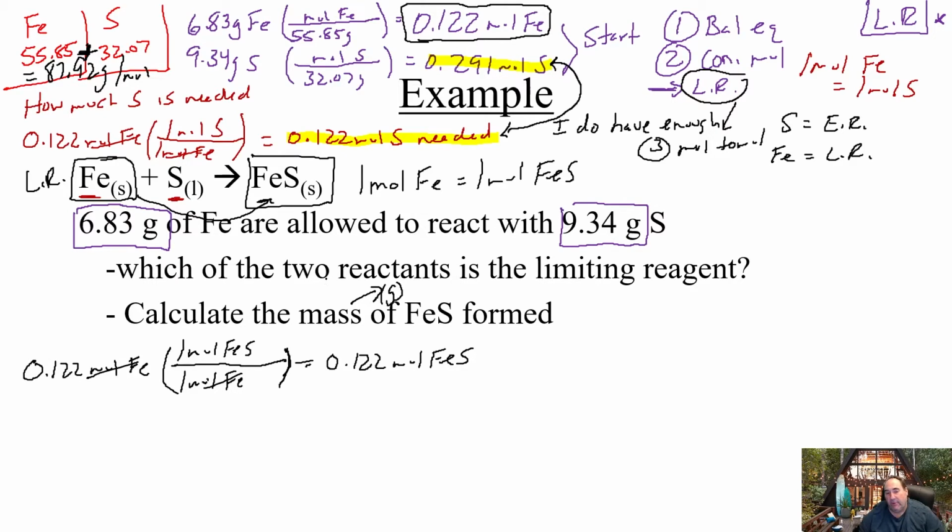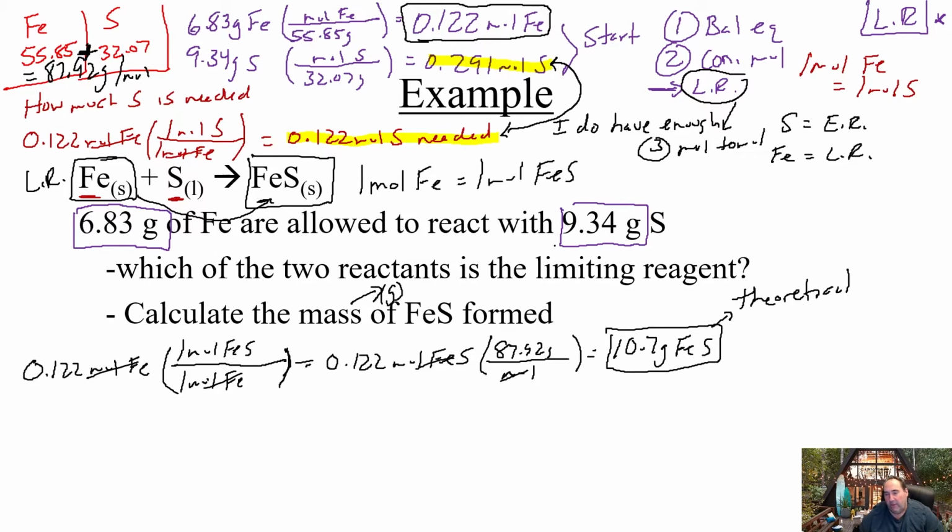So we're going to use that as our molar mass to figure out how much product we would produce. Moles are going to cancel, times 0.122. It looks like 10.7 grams of iron(II) sulfide would be produced. And this again is our theoretical yield.